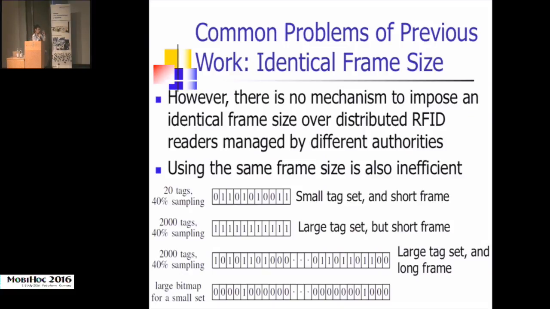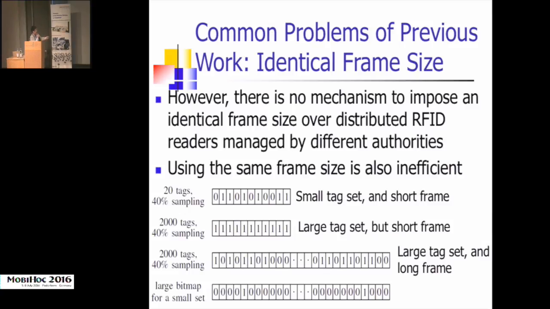And we argue that it's difficult, or even impossible, to use an identical frame size. First, there's no mechanism in reality to impose an identical frame size on all RFID readers in a distributed system. This is one major obstacle.